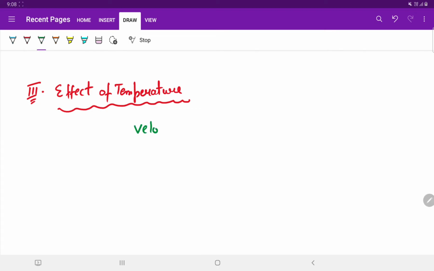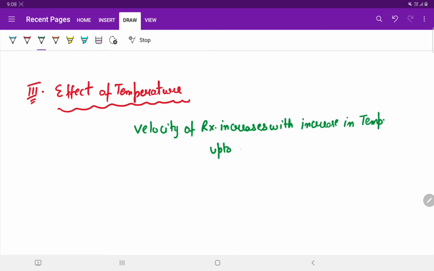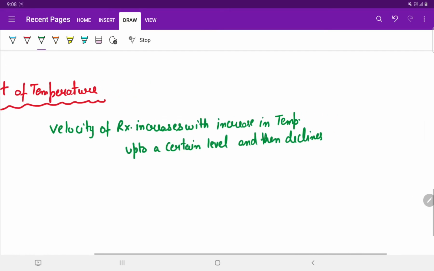This means that the velocity of reaction increases with increase in temperature up to a certain level and then declines sharply.